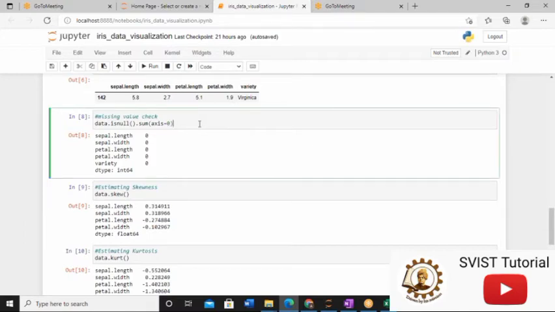And see, for checking missing values, I have written some specific lines of code. I have used one function here which is known as isNull. Now we have to carefully understand this function in detail, because Iris does not have missing values in any of the columns.